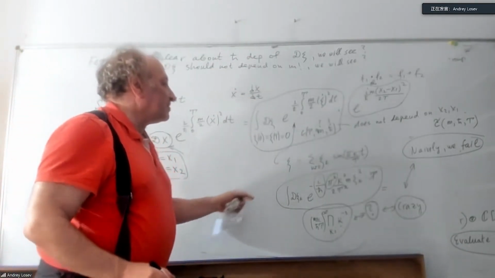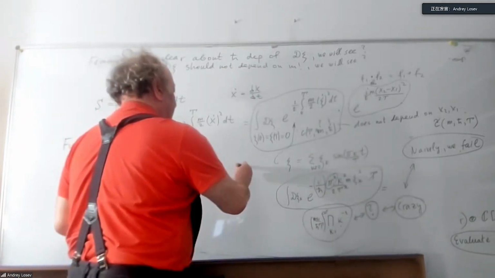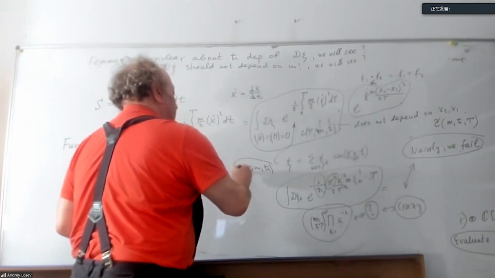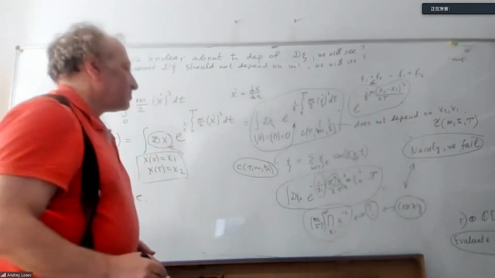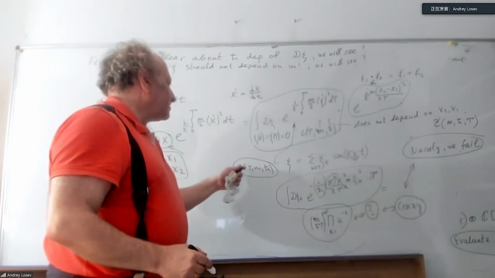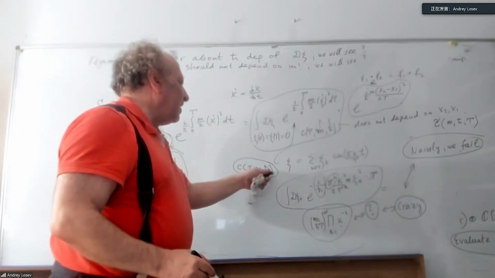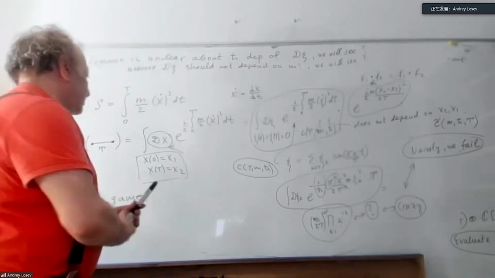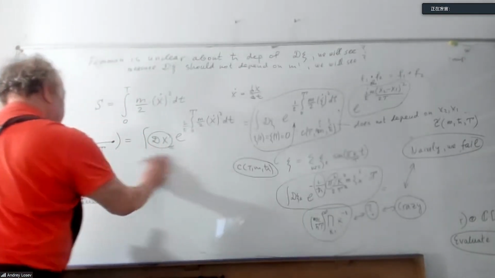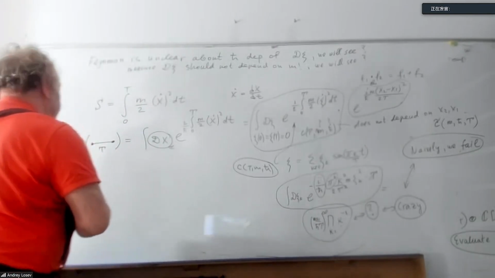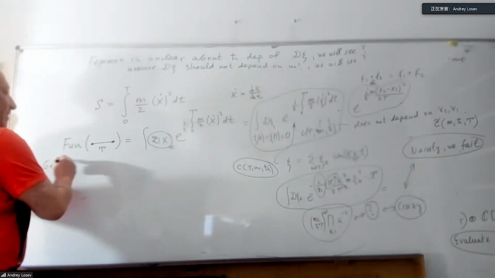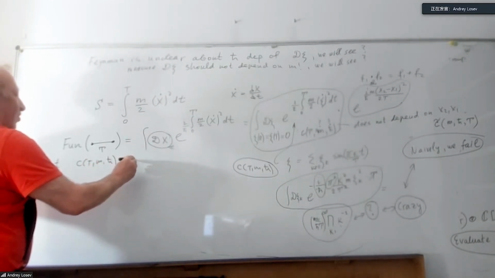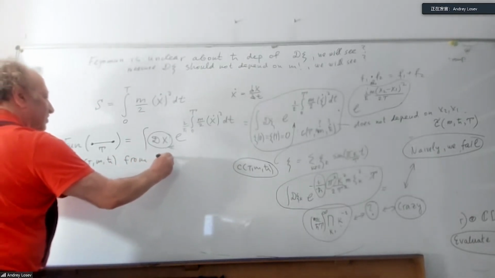I have this crazy integral that I will call CTMH. Could I say something about CTMH from the functoriality property?